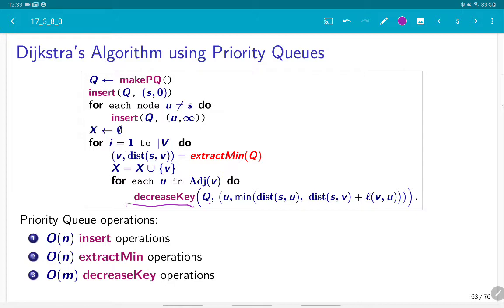So it's being called only if the new value is indeed smaller. And overall, there are n insertions, n extract min operations, and m decrease key operations. So this is log n, this is log n, and this is O(1), as we said. So overall, we get n log n plus m running time.